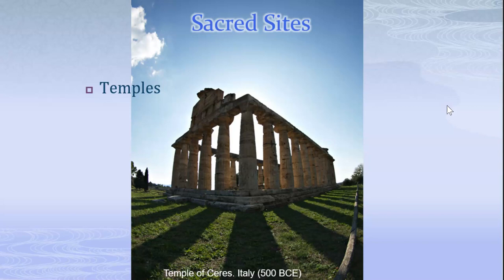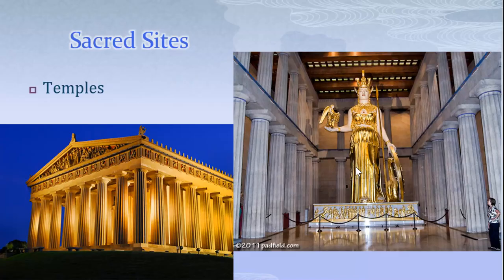Here is a beautiful temple. They are huge. You can see these gorgeous columns, right, that hold up the roof. This, of course, is ruins, but this is what we go from as we are building these large structures. Then we start to make homes, essentially, of gods, and that's what the temples are. And here, of course, is the Parthenon, right? And then this is a replica of the statue.